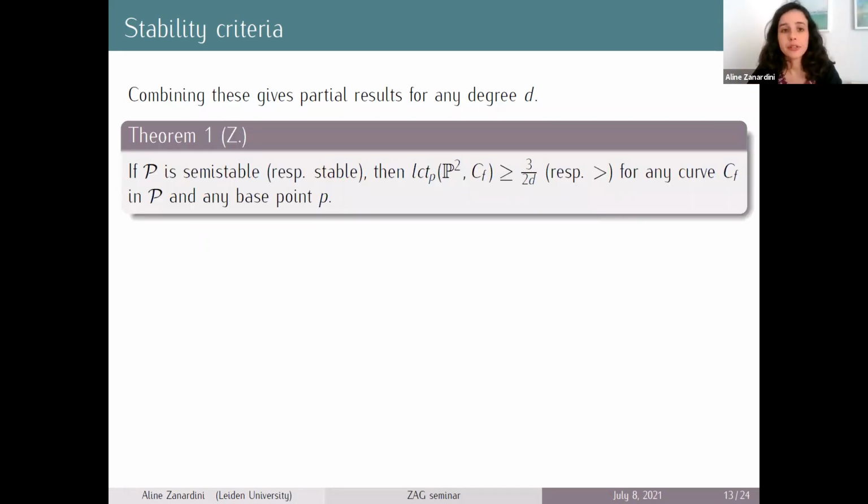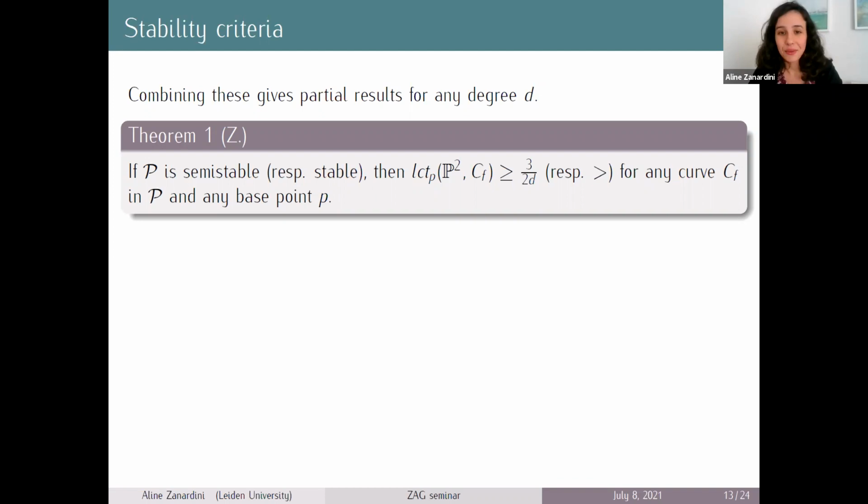Here is the first criterion. When combined, these 4 results that I just showed you give the following. If my pencil is semi-stable, respectively stable, then I have this bound for the log canonical threshold for any curve lying on the pencil and any base point of it.